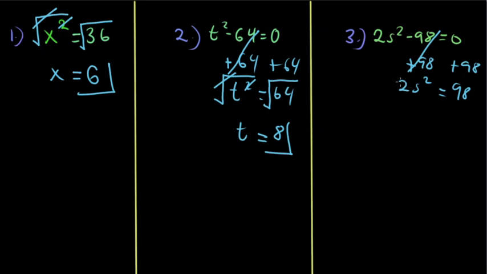Alisin muna natin yung numerical coefficient na 2. To do that, simpleng-simple lang, kailangan mong i-undo itong expression na to. What I mean by undoing, if this is 2s squared, ibig sabihin din yan, it's the same thing as 2 multiplied by s squared or s times s. Tama ba? Kaya siya naging 2s squared kasi minultiply si 2 kay s squared.